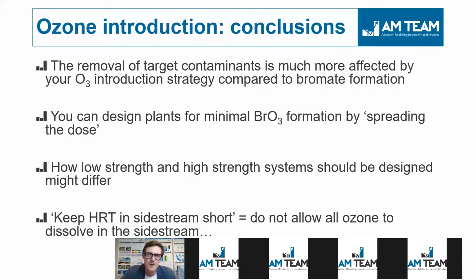We believe, for example, if you look at two extremes, drinking water ozonation systems where you need a residual, you need a CT, and systems for micropollutant removal in effluent, probably these systems should look very, very differently, or they can at least look very differently because the concept is completely different.